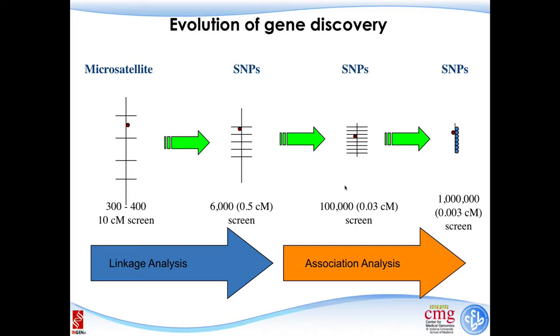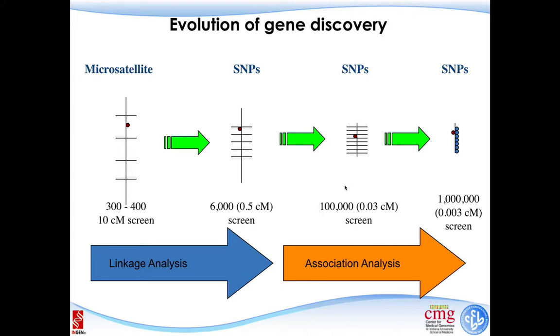Well, in terms of the analysis, when we did not have very dense genetic markers, people used family-based linkage analysis to identify the region of the genome that is associated with a certain disease. And after that, people were doing a lot of GWAS, genetic association studies.